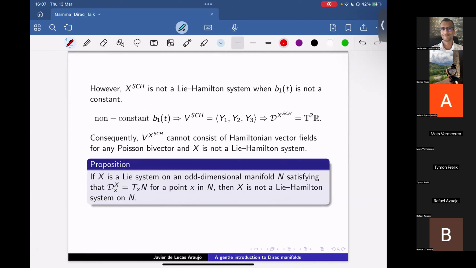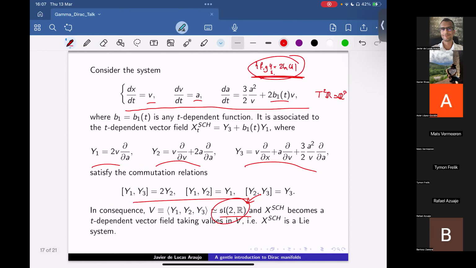And the funny thing is that these vector fields, Y1, Y2, and Y3, span the tangent space to R3.